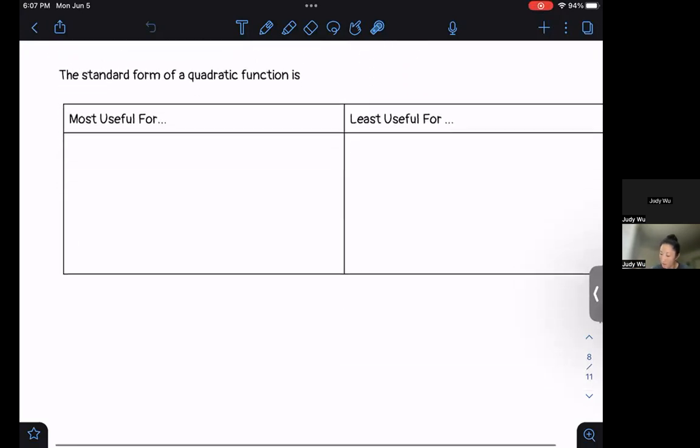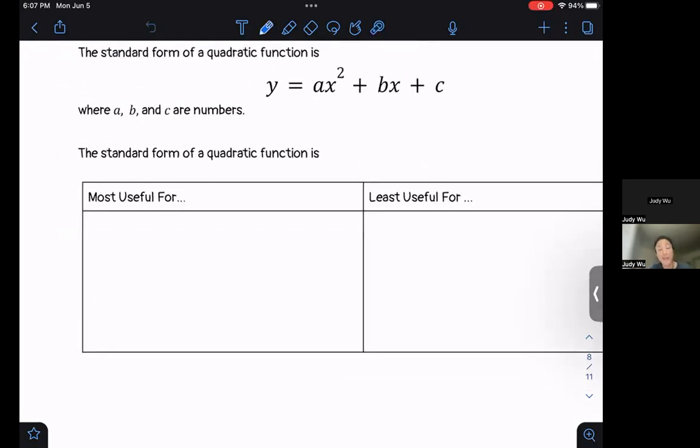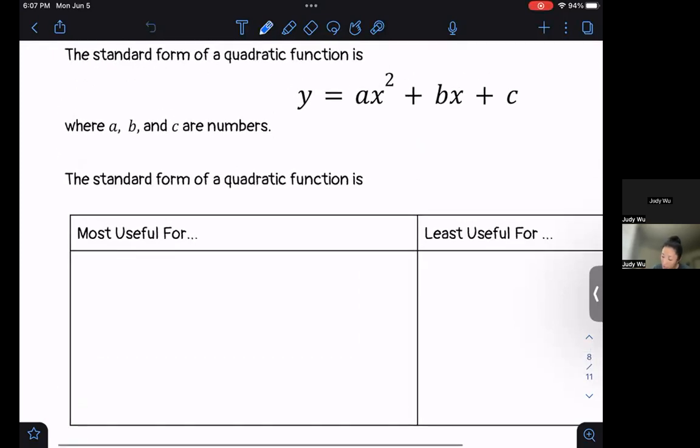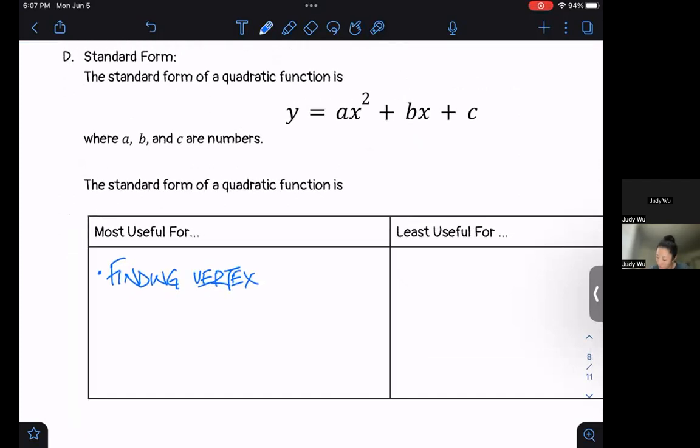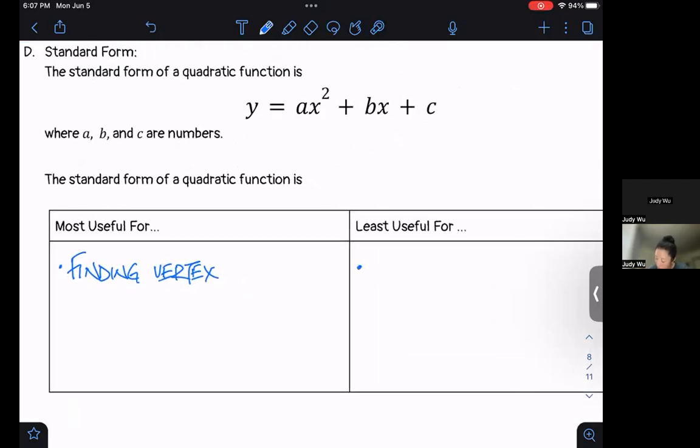Now, the standard form of the quadratic function is, like the other two forms, useful for some things and less useful for others. The one thing that the standard form is really useful for is finding the vertex. It's not as easy as vertex form, but it's easier than the factored form. It's least useful for finding our x-intercepts.